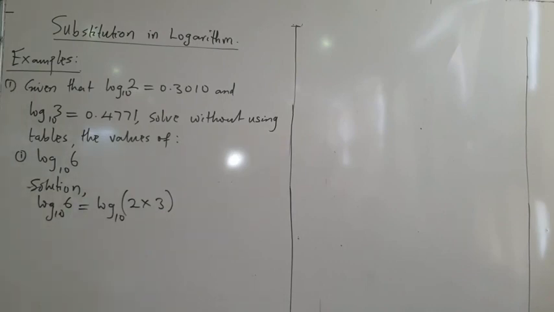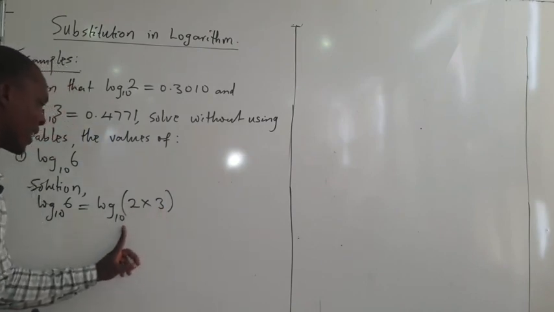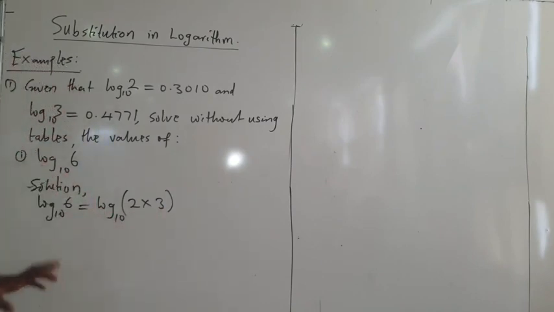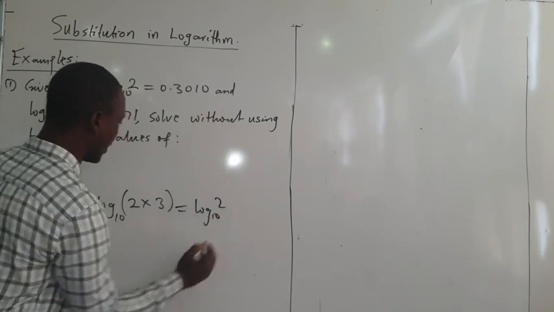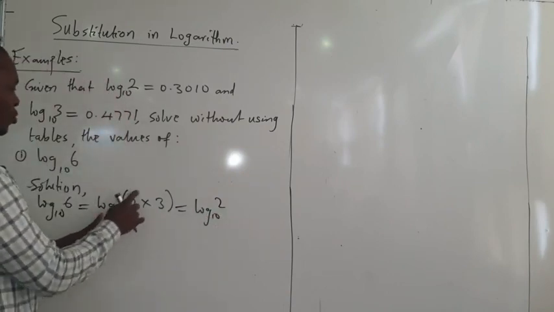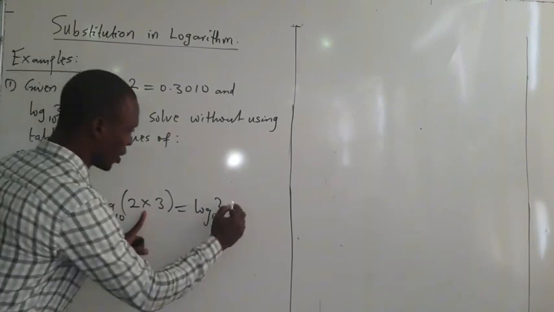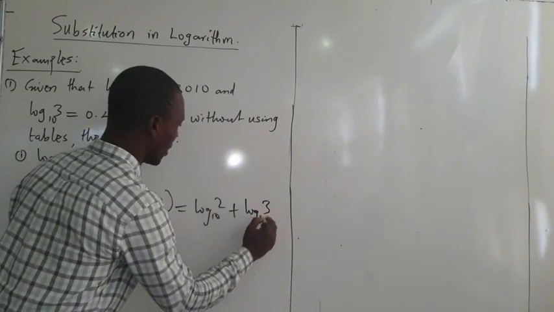We have one law of logarithm that we call the addition law or multiplication law of logarithm. So it will give us log 2 base 10, multiplication will change to plus, so plus log 3 base 10.